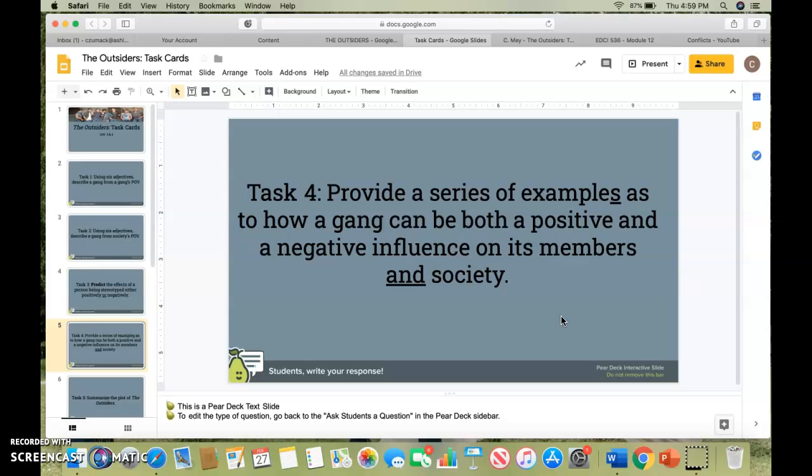So I should be saying a few examples, so 2 or more of how a gang can be a positive and negative influence. And then I want 2 on its members and 2 on society. So really dissecting that, the conflict between members or society, and then with the gangs. And how is that influenced? Okay.